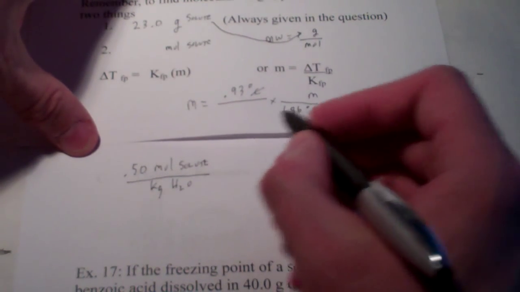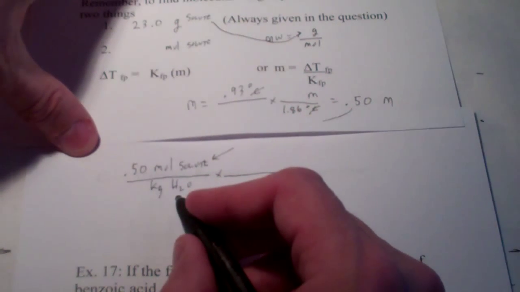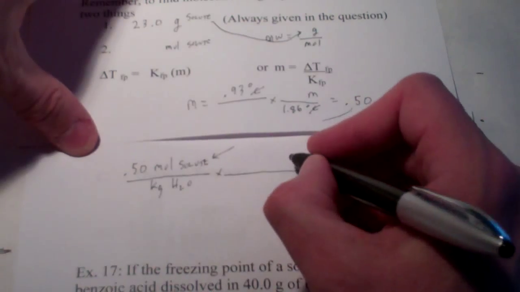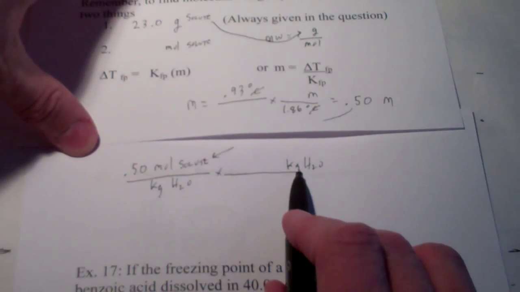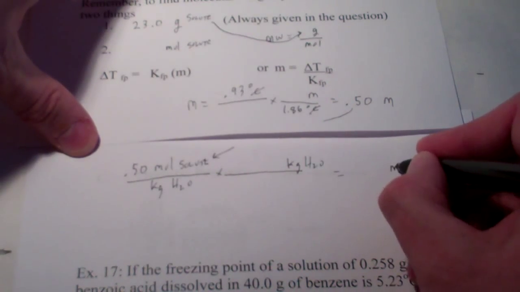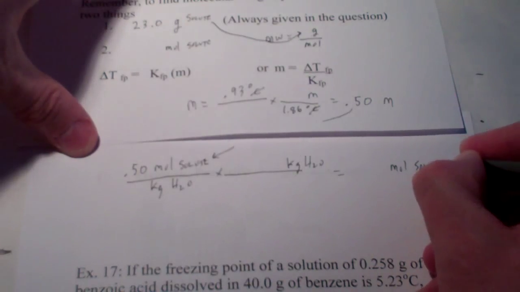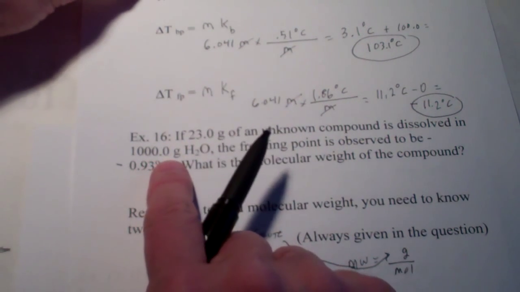So that's where this comes from. We do not want kilograms of water, we just want moles of solute. So let's multiply this by the mass of water, my solvent, to get rid of kilograms of water, and then we will just have moles of solute. So, how much water did I have? Well, 1,000 grams.